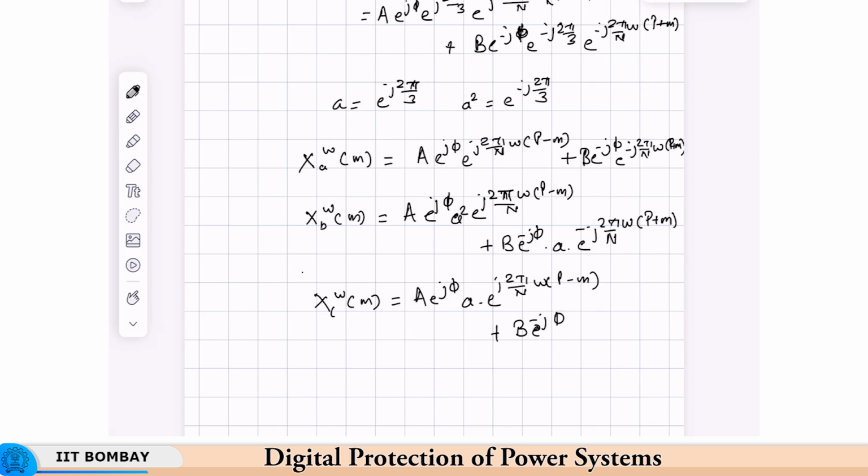If I have made a mistake, a square, p plus m.